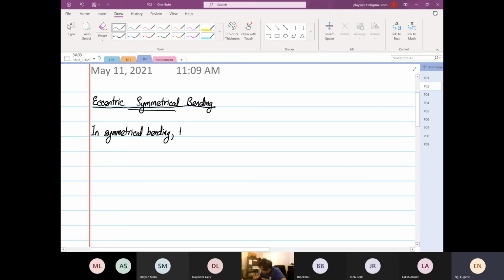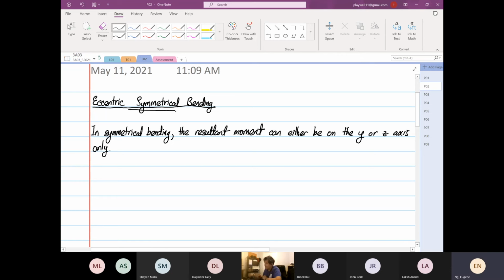the resultant moment can either be on the y or z axis only.